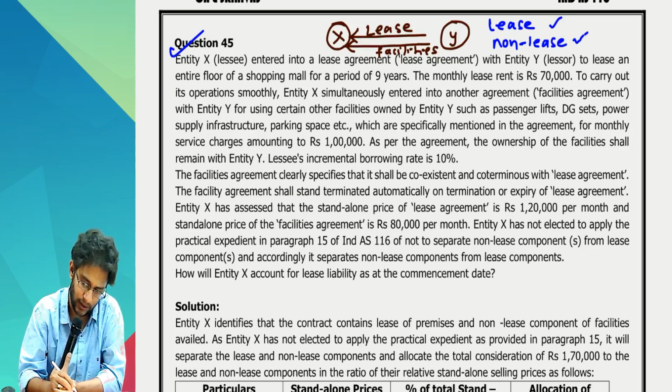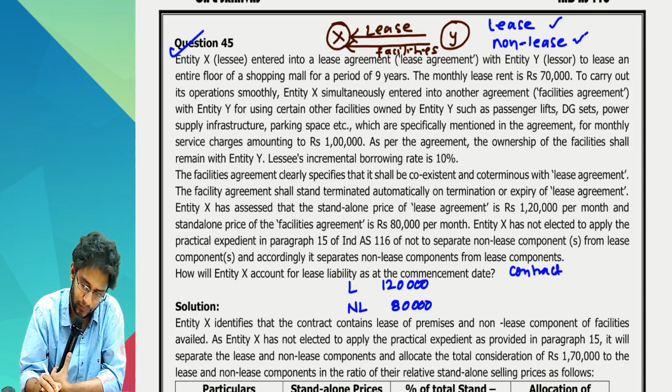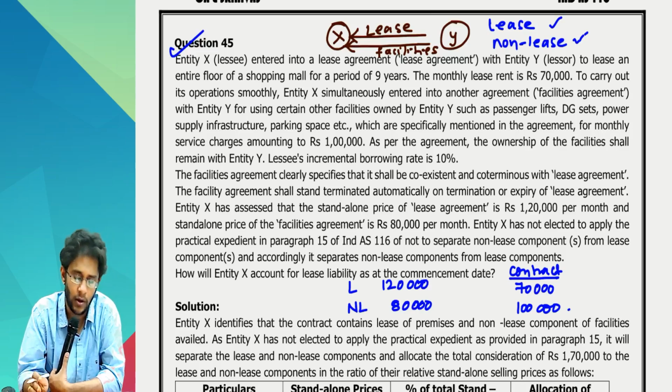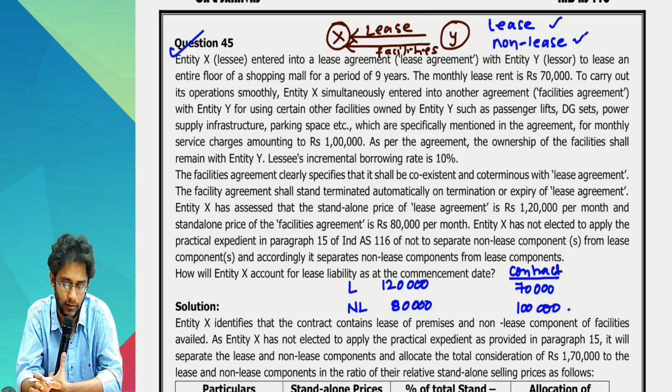Now, if you watch correctly, the lease component's standalone price is 1,20,000 and this one is 80,000. But in the contract, what you have entered is the contract price. You have taken this as 70,000. Non-lease facilities you have taken an amount of 1 lakh. Overall, there is a discount because 120 plus 80 should be 2 lakhs. But you are paying to the supplier only an amount of 1,70,000. Definitely there is a discount.